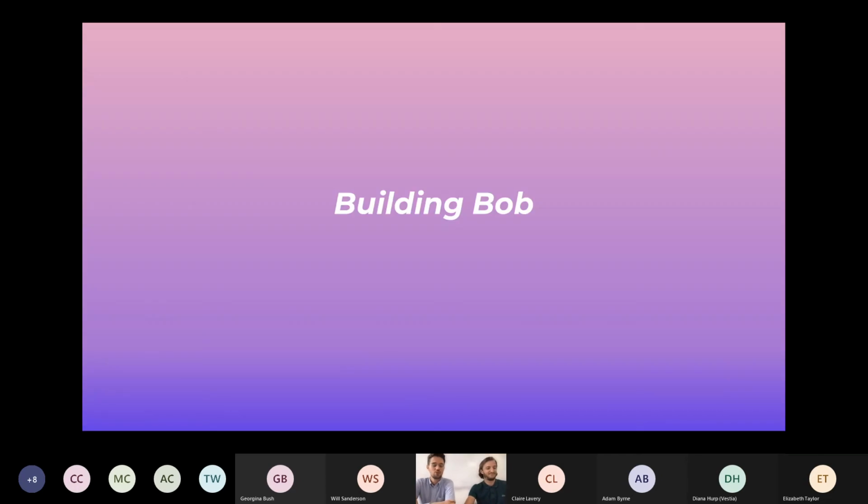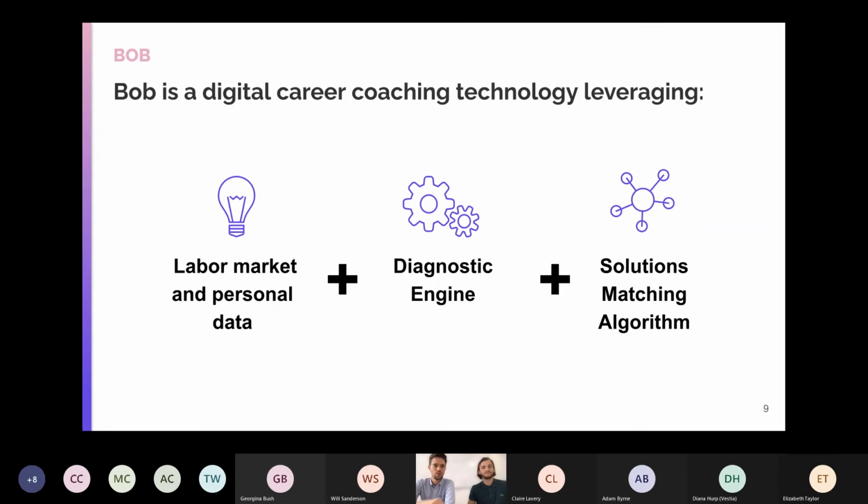Thank you, Benjamin. So after having done this bit of academic research check, we went on to design what we could think would be a good way to actually build a digital career coach. And that would rely on 3 elements. First, being able to leverage inputs from labor market data and personal data from the users.